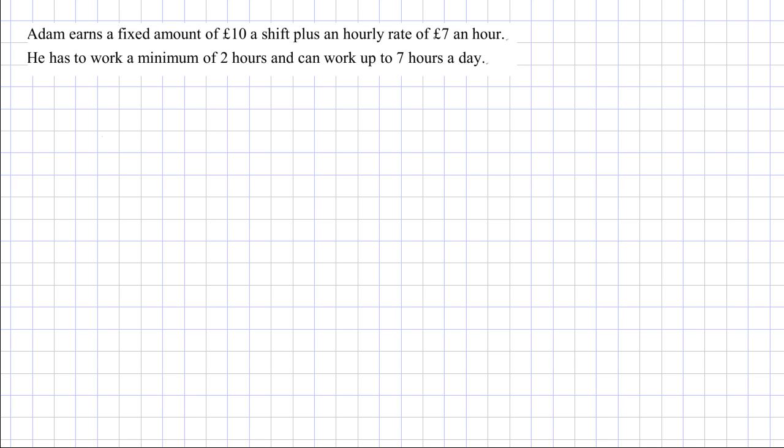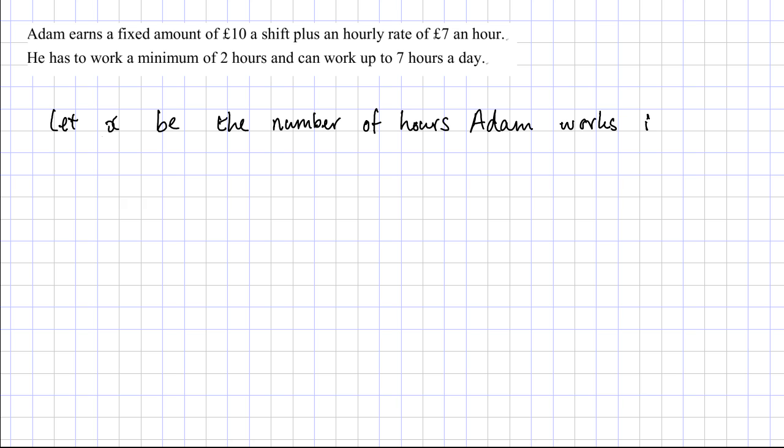For that, I need to first say that, so I'm going to say let x be the number of hours Adam works in a day, and I'm going to call the function for the amount he earns in a day f. So my function is going to be f of x.